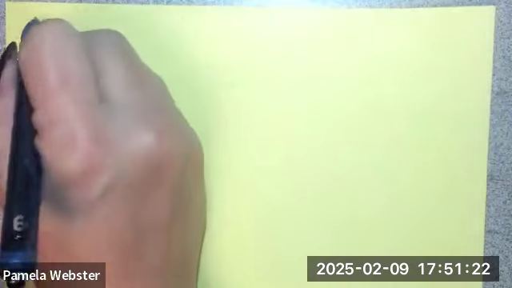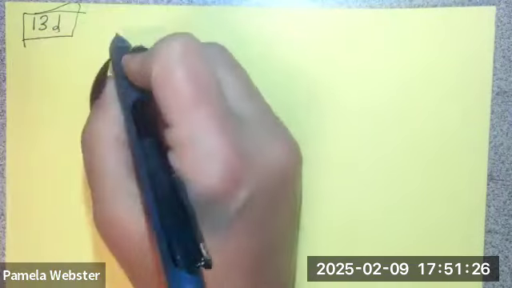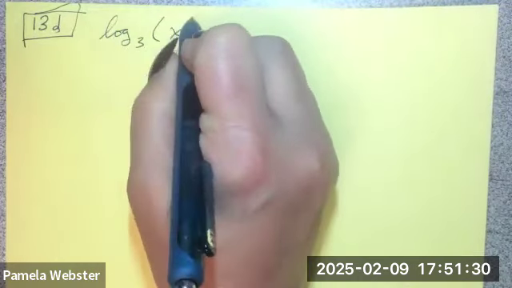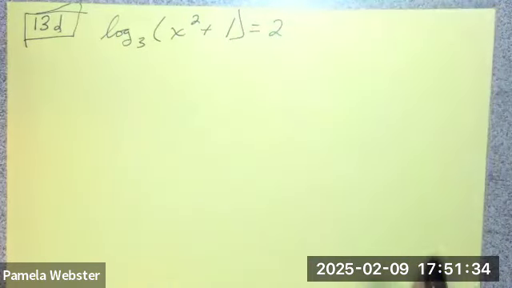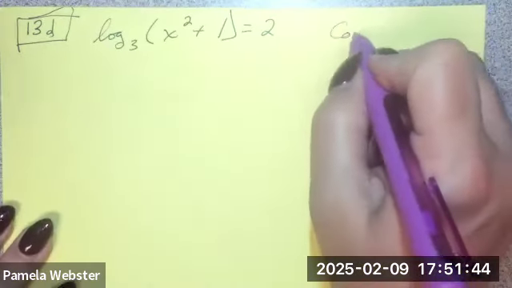Okay, one more of these. Solve for x. It doesn't give me any direction other than that, so we really got to think about it a little bit. Log base 3 of x squared plus 1 equals 2. All right. Now, this one's kind of set up nicely for me so far because it's just a log equals a number, so I can convert.